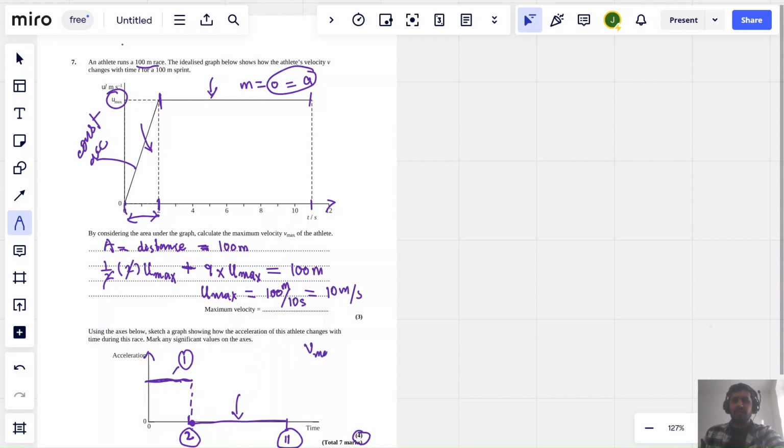So Vmax divided by time will actually give us the acceleration, right, for the first 2 seconds. So Vmax, we calculated it from the first problem. It was 10 meters per second divided by the time. It is 2. So we can find the acceleration, which will be 5 meters per second squared. So we can label this point as 5 meters per second squared. I think this will get you full points for this question.